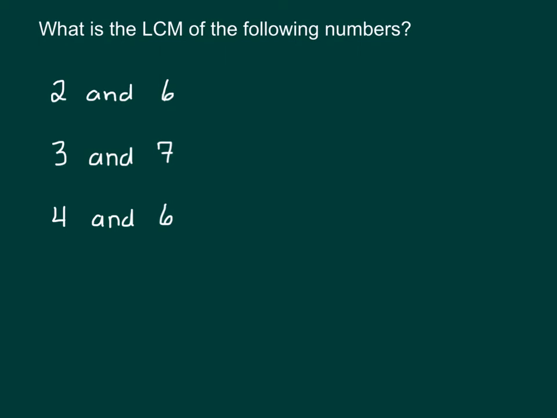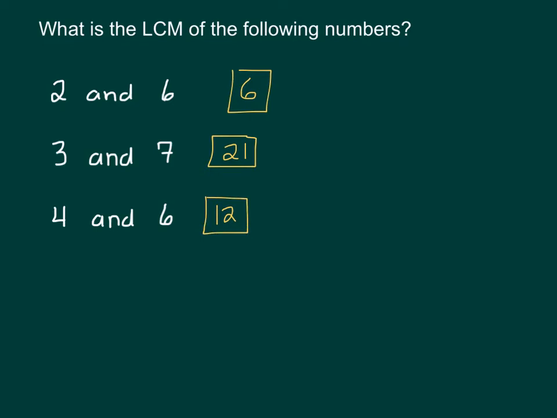So, the least common multiple of 2 and 6 is 6. 6 is a multiple of 2, 6 is a multiple of 6, so the smallest multiple that they both have is 6. The least common multiple of 3 and 7 is 21. The least common multiple of 4 and 6 is 12.